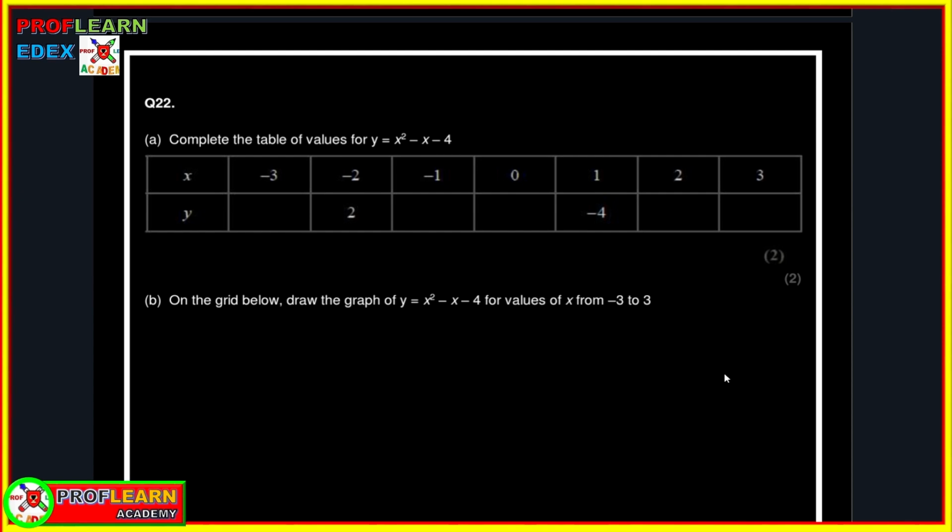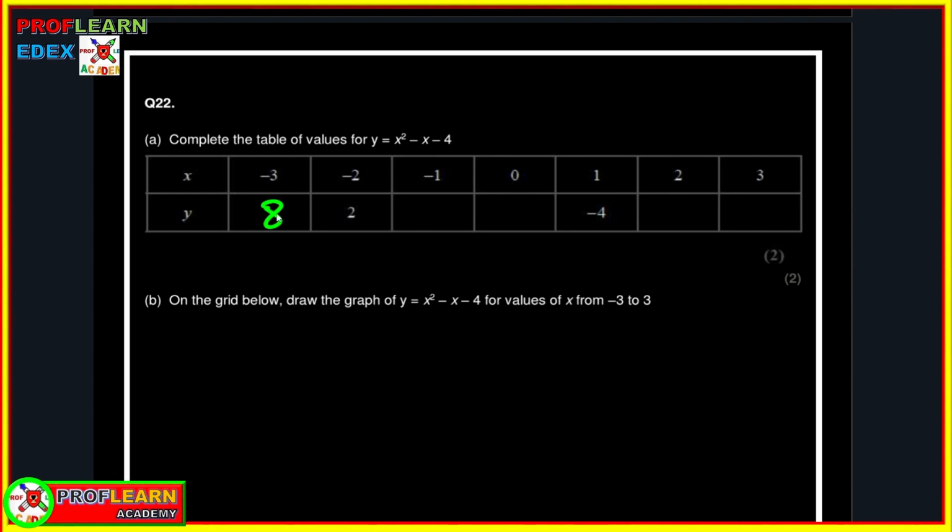You shall say, open the bracket, -3, close the bracket in your calculator, raised to power 2, minus, open the bracket, -3, close the bracket, minus 4. If you do not follow the instruction of opening and closing the bracket, you may get a wrong answer from the calculator. So at that given point, I believe you've understood exactly what you're supposed to do.